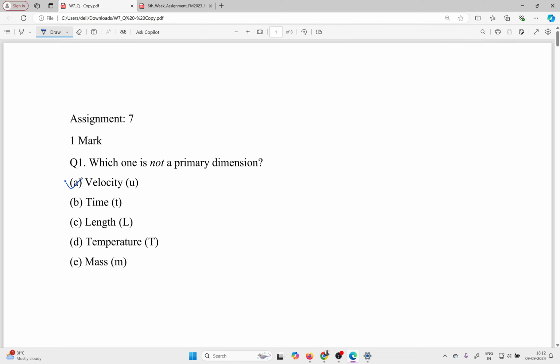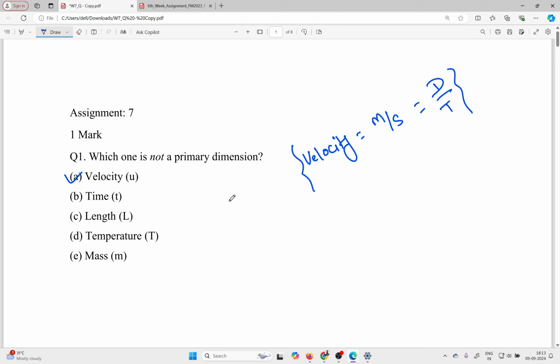So velocity, definitely the unit of velocity, velocity is nothing but meter per second, that is distance by time. These things we will use in the later part, later questions, please remember. So definitely time, length, temperature and the mass is the primary dimension, are the primary dimension.